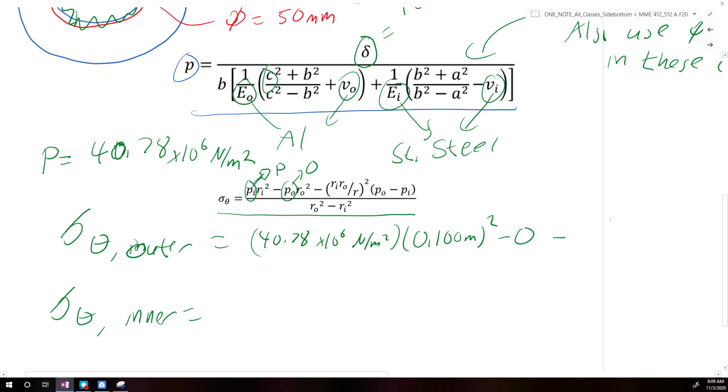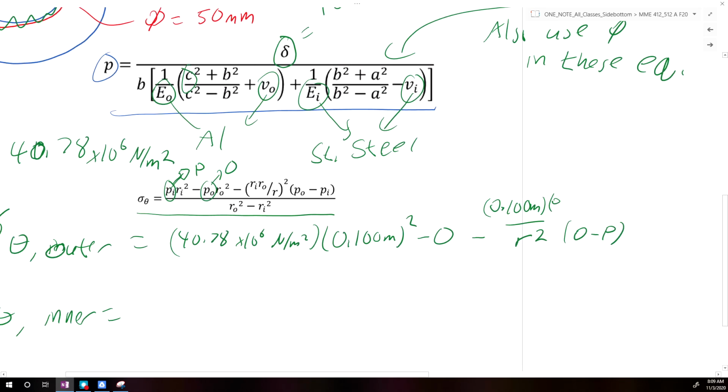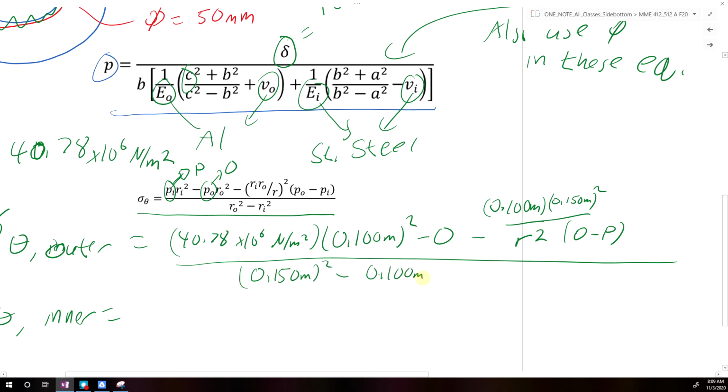The inner pressure was equal to P, so the outer pressure is 0 minus the inner pressure P, times the outer radius times the inner radius, divided by the radius squared. The inner radius was 100 millimeters and the outer radius was 150 millimeters. Then we divide by the difference between the outer and the inner radius: 0.150 meters squared minus 0.100 meters squared.